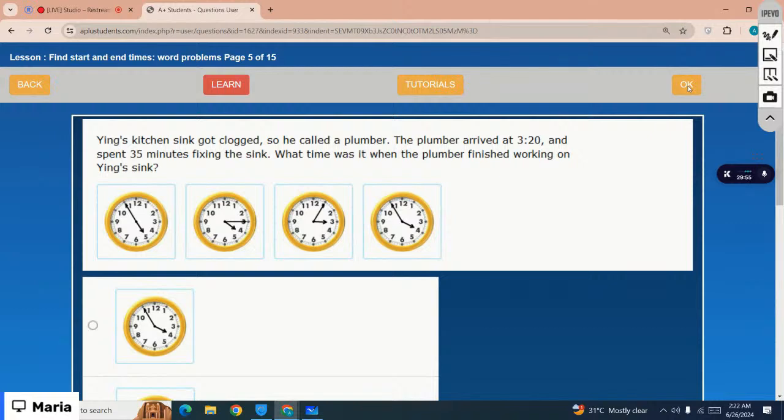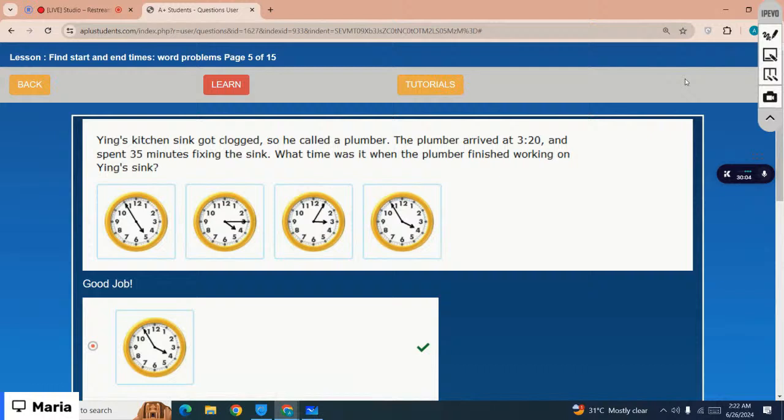The correct option is option number 4. 3:20 plus 35 minutes is 3:55.